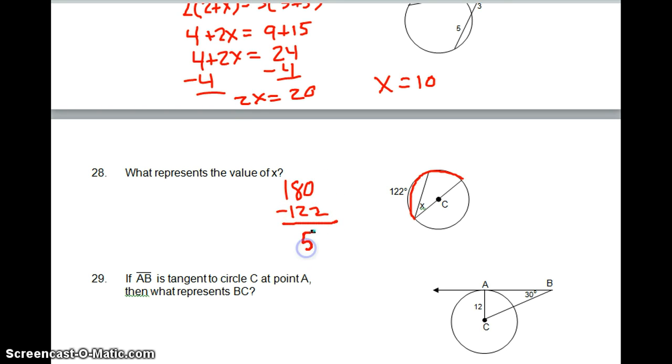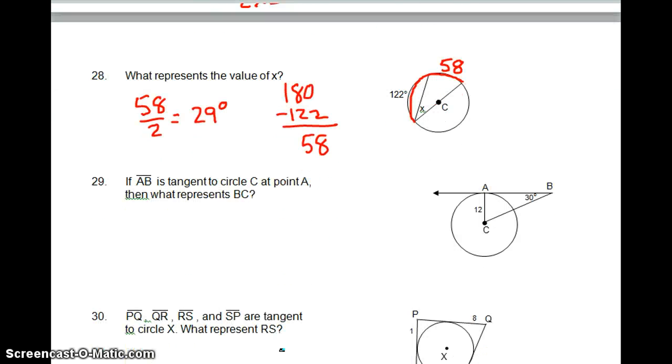Looks like 58. So the arc is 58. Angle has to be half of that, so if we do 58 divided by 2, 29 degrees.